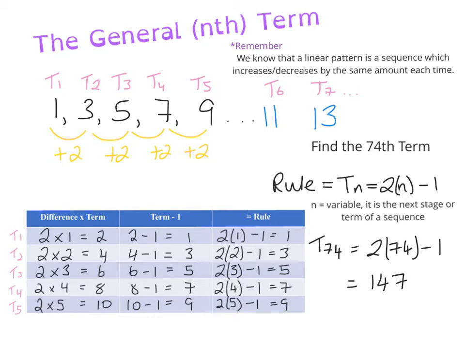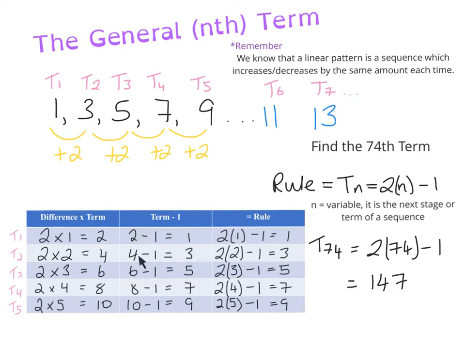And that is how you find the 74th, or the general term. Also guys, just to note that this -1, it's not always -1. That number can change based on what goes in here. So for instance, it's -1 in this case because we have a 2 and we need to get to a 1, which is in the sequence here. Well, 2 take away 1 is 1.